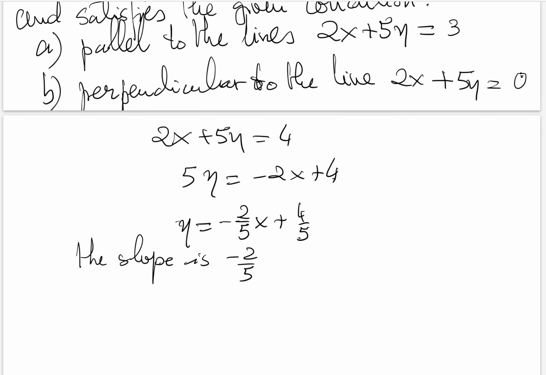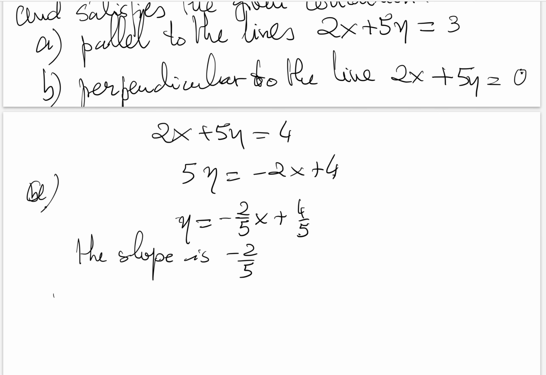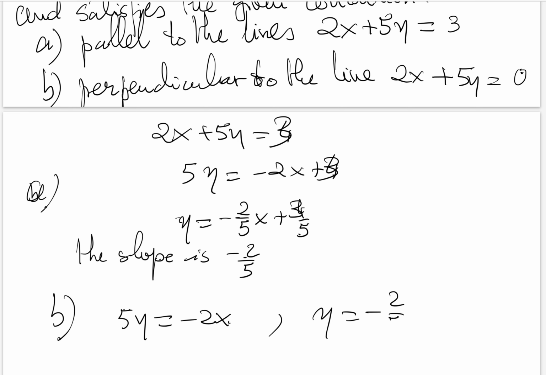Here is 3, here is 2, the slope. So the second one, you will have y is equal to negative 2 over 5 x.